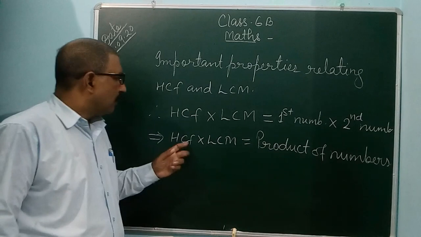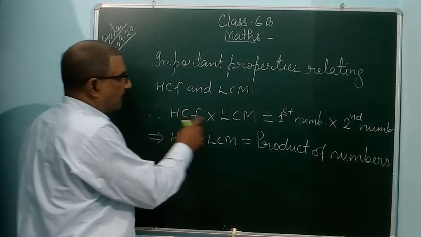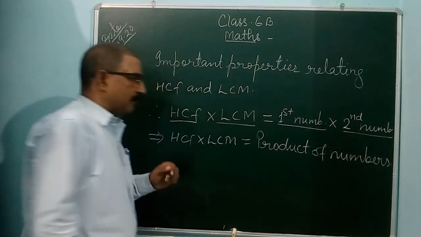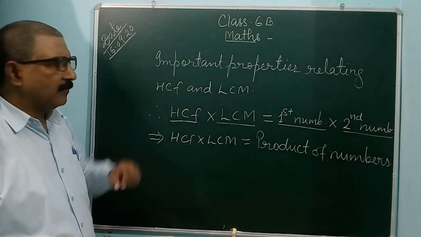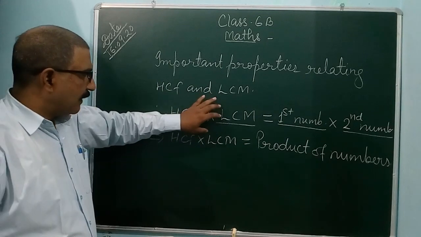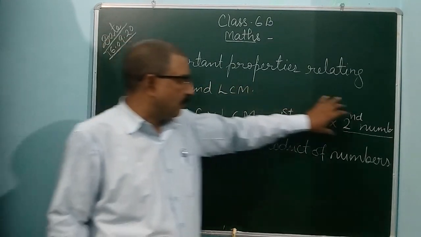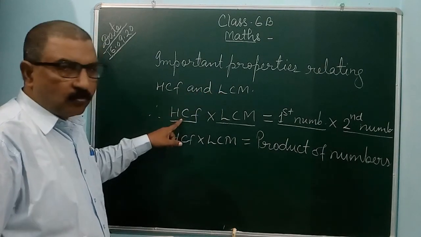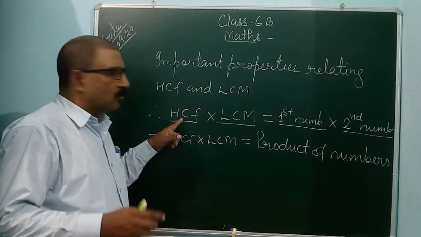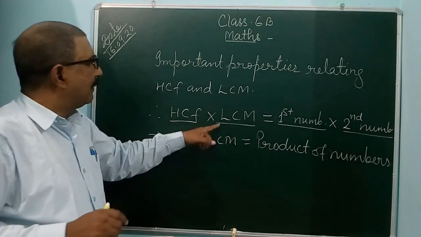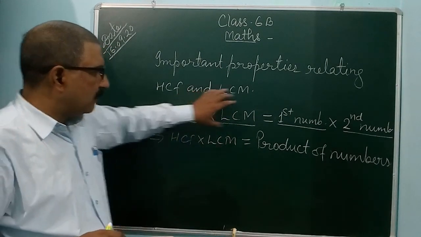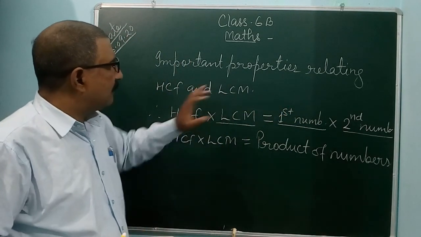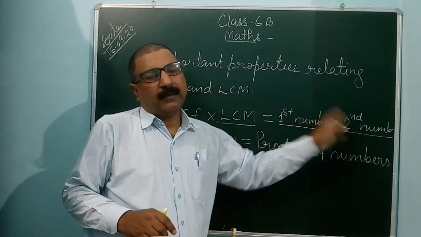There are 4 terms here: one term on one side, and on the other side one term multiplied by two quantities, HCF and LCM.